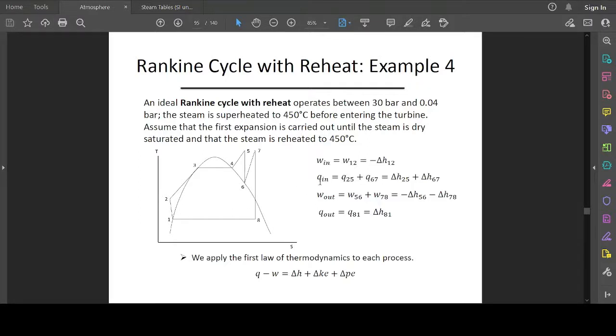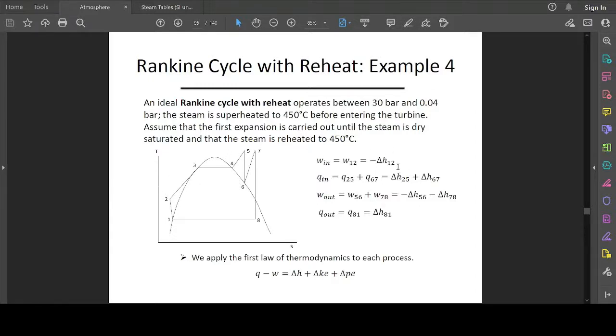And the heat added to the system is between two stages. The first stage is between stage 2 to 5, and the second stage is between 6 and 7. Remember the reheater added here.